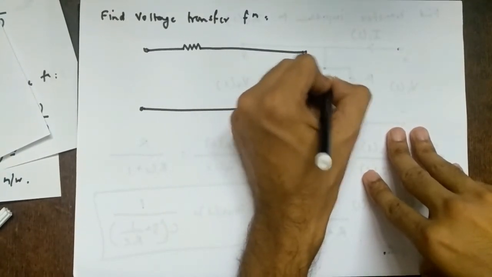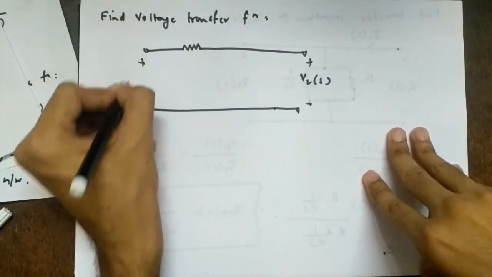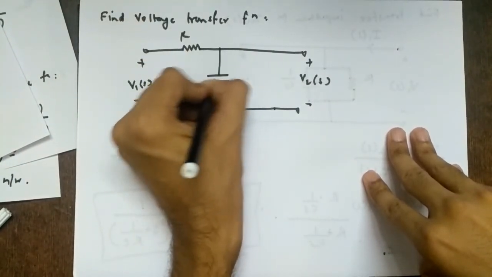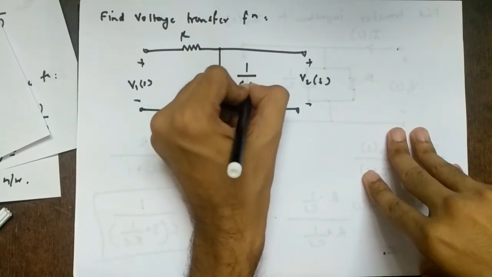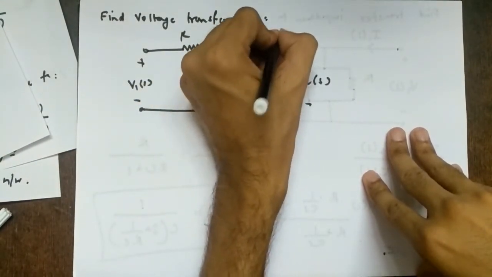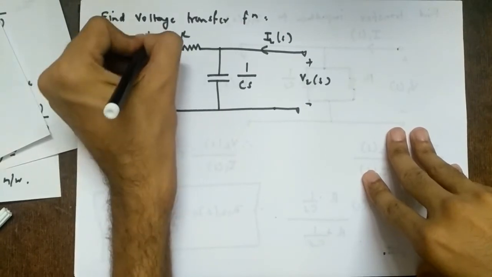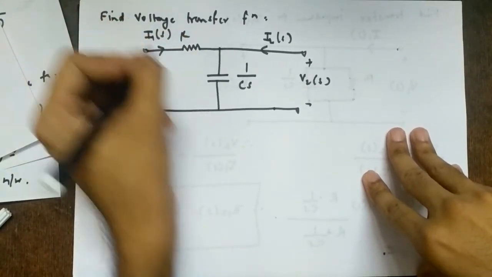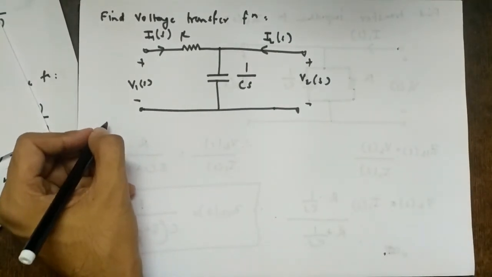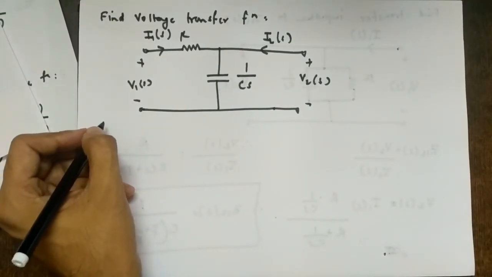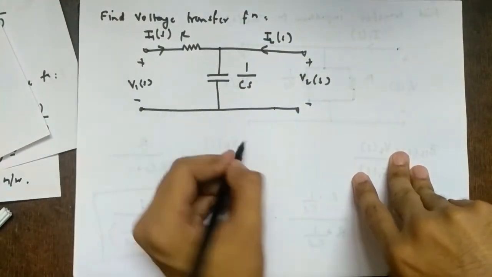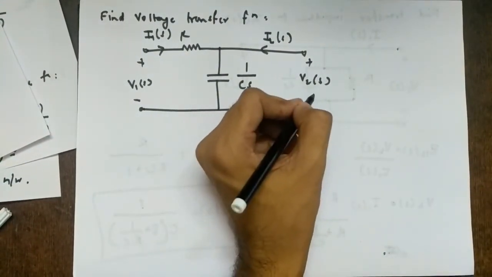So this is V2 of S, V1 of S, R, 1 by CS. This is I2 of S, this is I1 of S. So what you need to find is the voltage transfer function. Means what you have to find? V2 by V1, right?